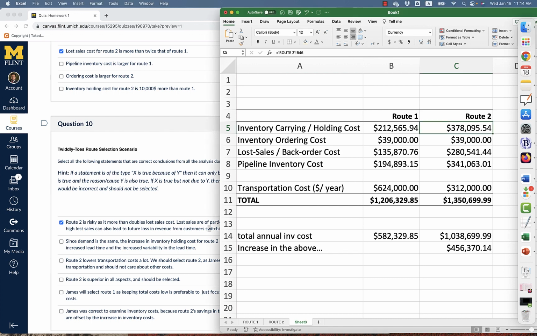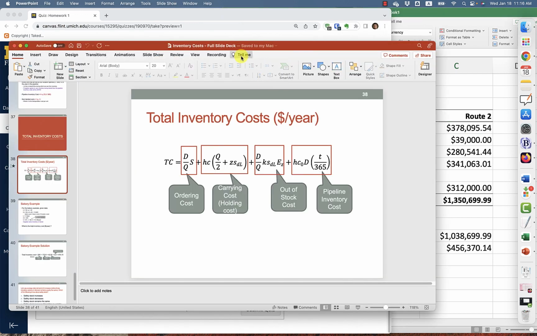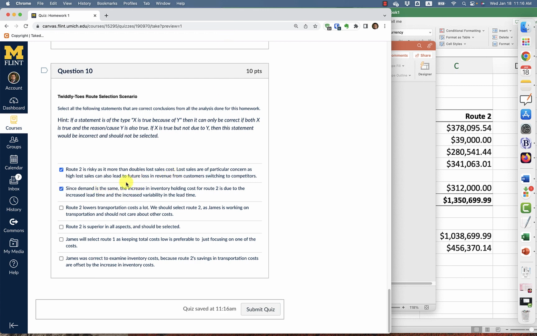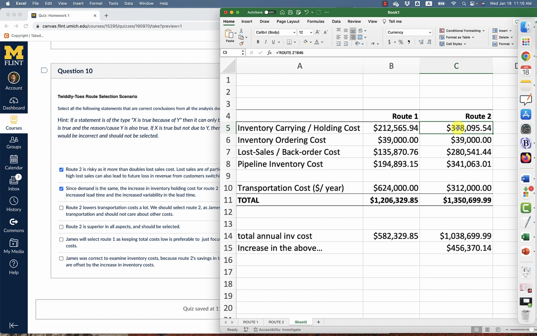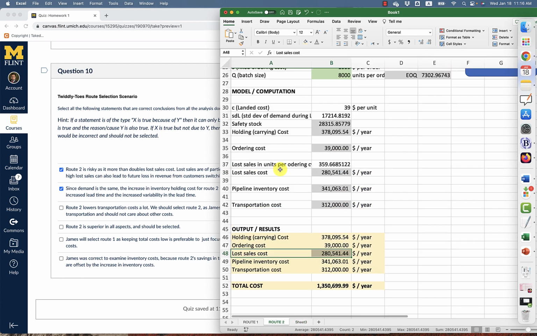Okay, the landed cost is actually helping us with Route 2 because Route 2 has a smaller landed cost. Okay, so this is correct. The increase in the inventory holding cost is coming from the lead time and the standard deviation of lead time changing, which is why we need more safety stock. If you compare the safety stock, you'll see a big change.